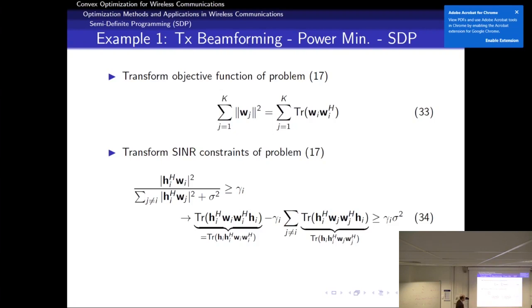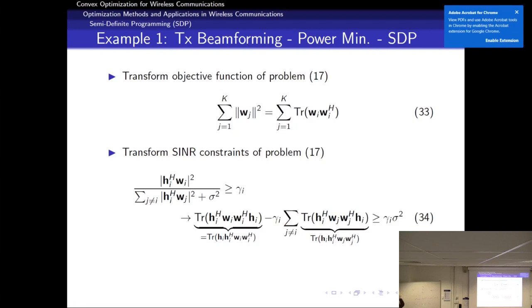What is more interesting is this transformation here. I have this SINR constraint, and now I'm saying I can write my numerator equivalently like this. This is essentially a scalar. So just do it once again, to make sure that you follow this. It's always the same kind of trick.